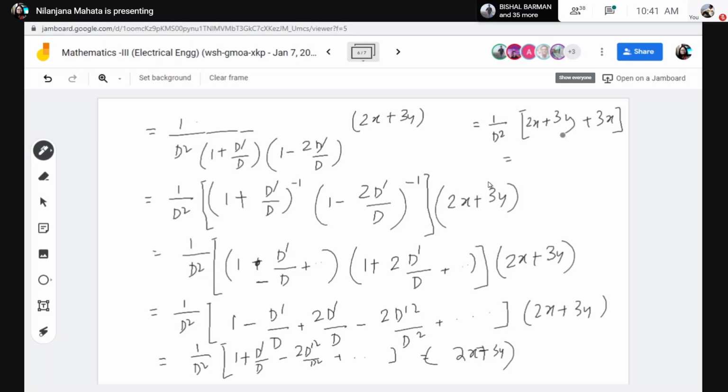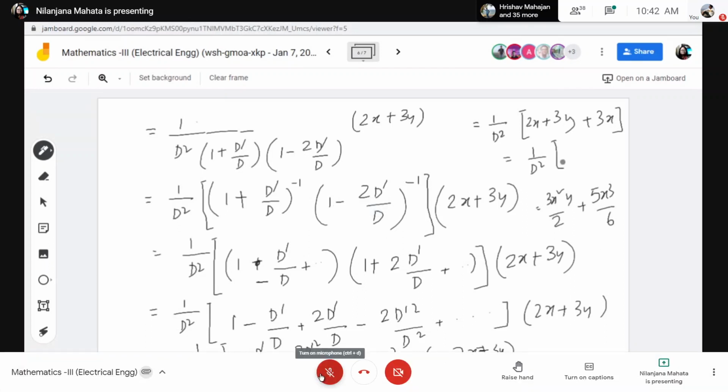Okay, so 5x plus 3y we have to integrate, ma'am. Will the pi be like this: 3x square y by 2 minus 7x cube by 6? No, plus 5x cube by 6.